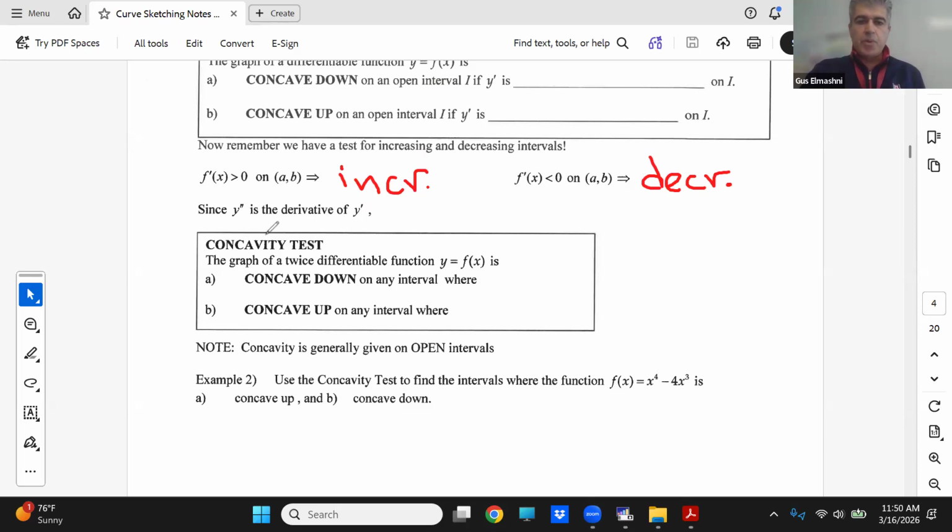So here's something called the concavity test. You're concave down when y double prime is negative. You're concave up when y double prime is positive. We say twice differentiable because you've got to be able to do it twice to do that.